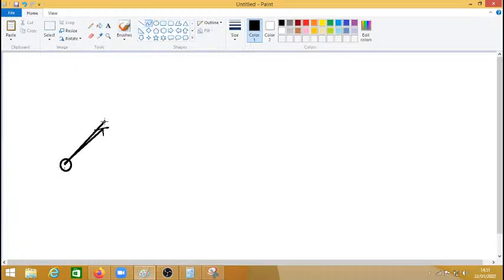Let me see if I can draw that in a decent way. Nope, I'm just going to have to do freehand. So what will happen is that the ball will be fired into the air and it will make an arc, a perfect kind of upside down U shape. It'll be symmetrical and then it'll hit the ground back where we fired it from.